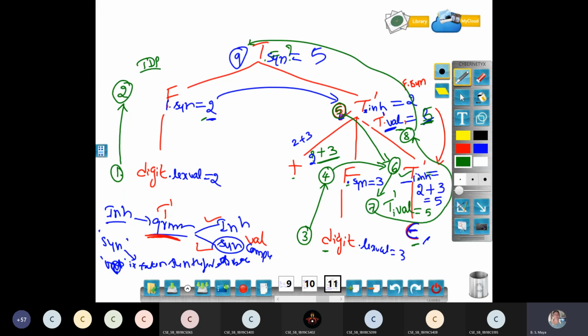See, then how to write? What is the topological order? First 1 to 2, 3 to 4, next is 5, I am writing the nodes. Next will come 6, 7, 8, 9. If you give the evaluation the same numbering, you can get the same order only.